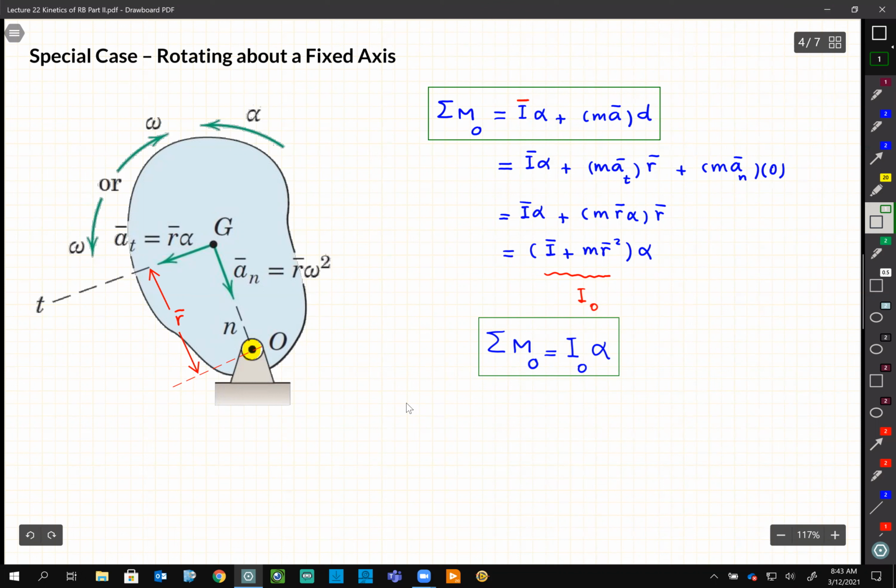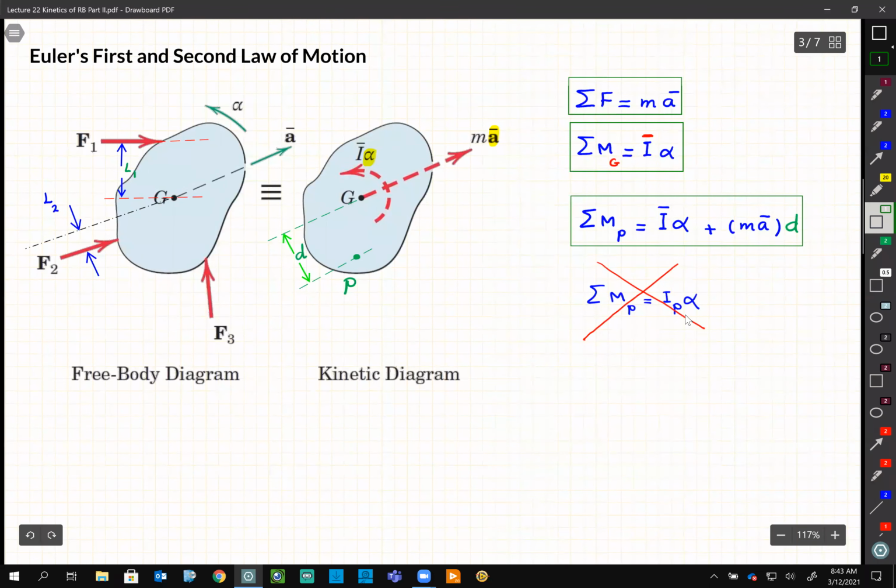Okay, here I want your attention, please, for 10 seconds. You may say, wait a moment, let's move one slide back. You said this is a very bad mistake: sum of the moment about point P, any point other than the center of gravity.